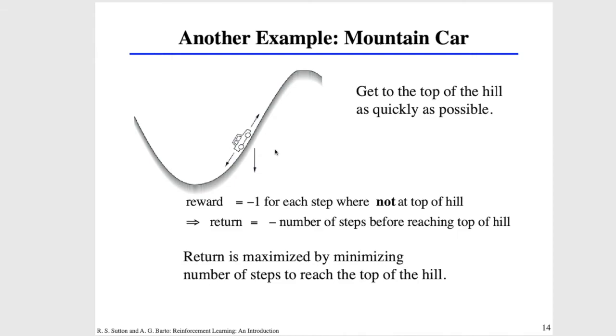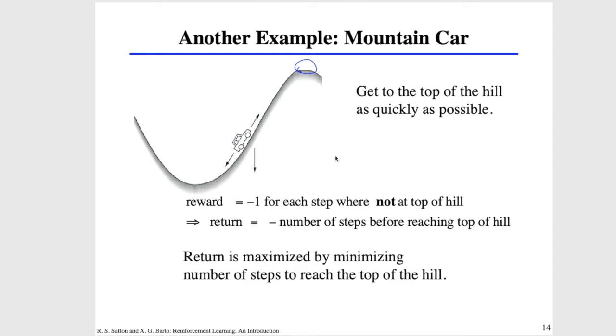One way to set it up is give it a -1 as long as it's basically not gone over the edge, right? Or no, you're trying to get it to the top, right? Sorry, not the top of the hill. So it has a -1 until it actually hits here, right? And so once it gets here, it'll stop getting -1. So it's really trying to get up there as quickly as possible because it keeps losing money as it's going up and down here.